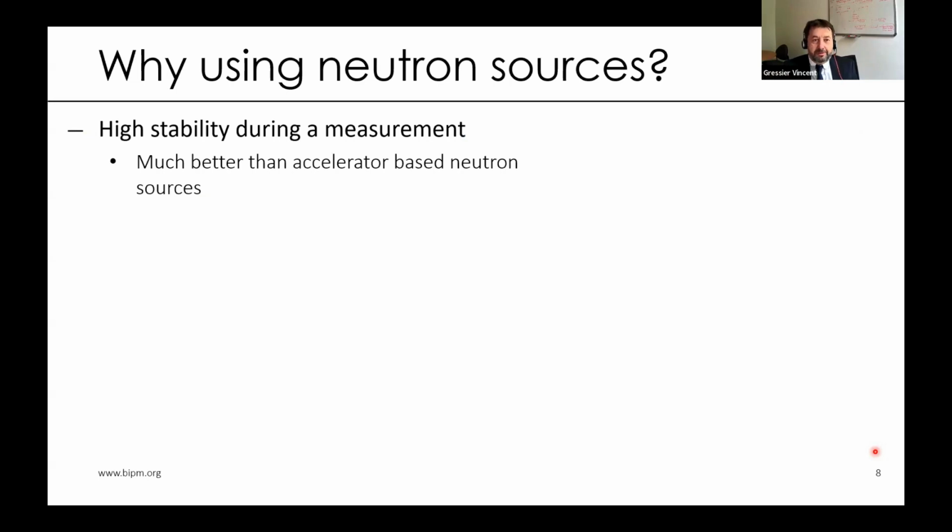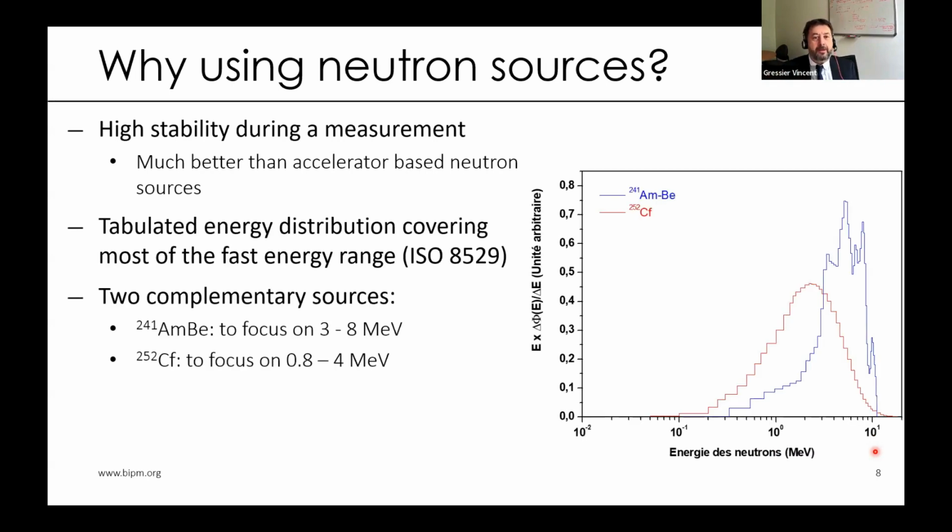Why? Because you will have high stability during the measurement. If you use an accelerator-based neutron source, it will not be so stable, with variations due to current and a lot of other parameters. You have a tabulated energy distribution, which covers most of the fast energy range, given by the standard ISO 8529.